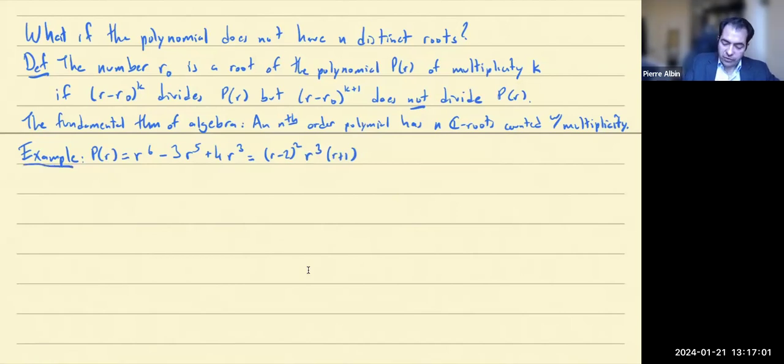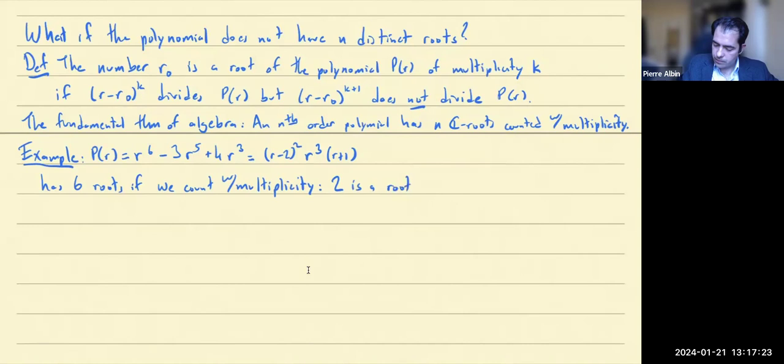And so it's a sixth order polynomial, and it has 6 roots if we count with multiplicity. 2 is a root of multiplicity 2, because r minus 2 divides the polynomial twice, but no more. 0 is a root of multiplicity 3, and minus 1 is a root of multiplicity 1.